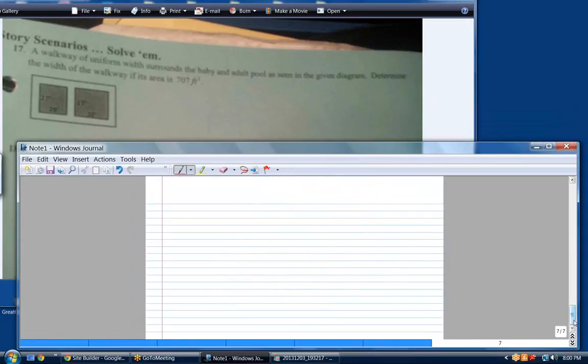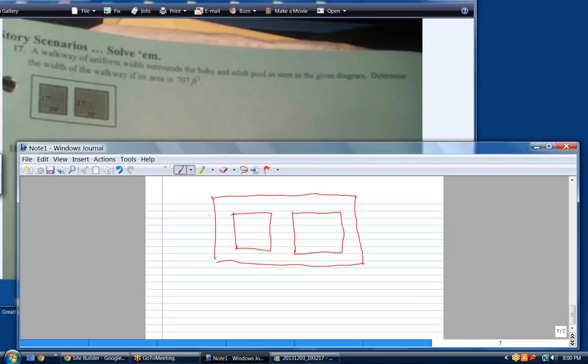So they give us the picture. Determine the width of the walkway if the area of the walkway is 707. This is 20 by 27.